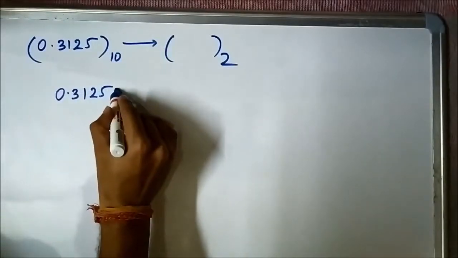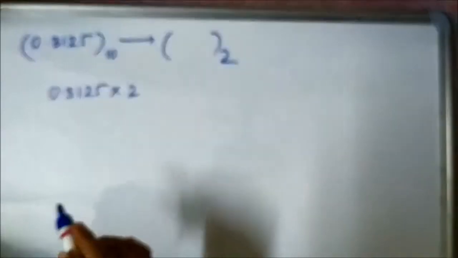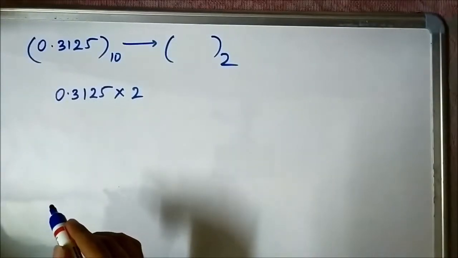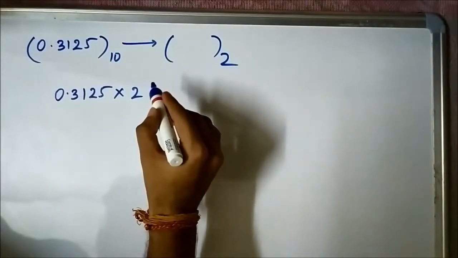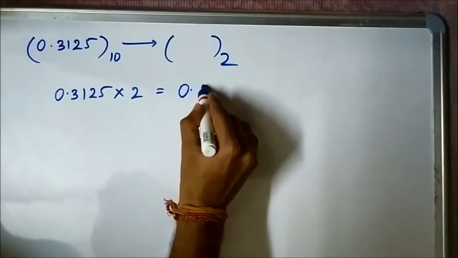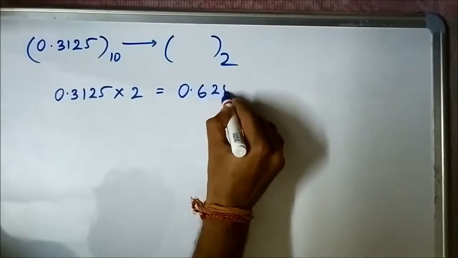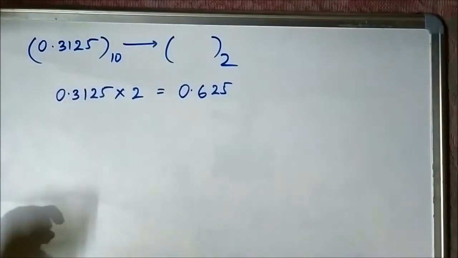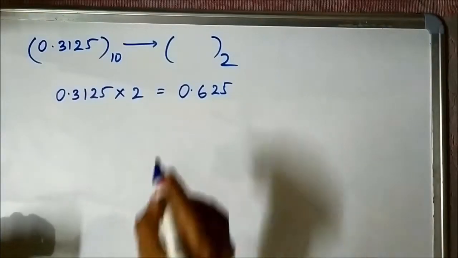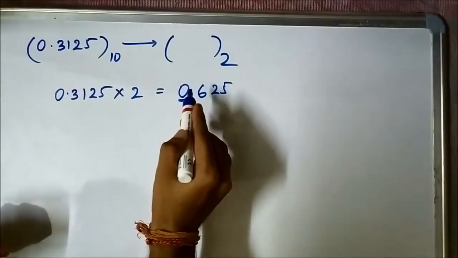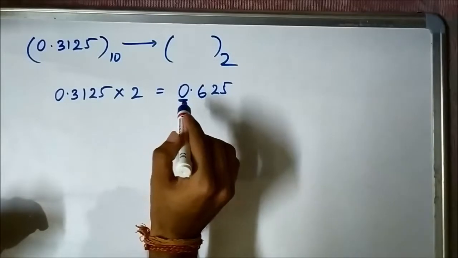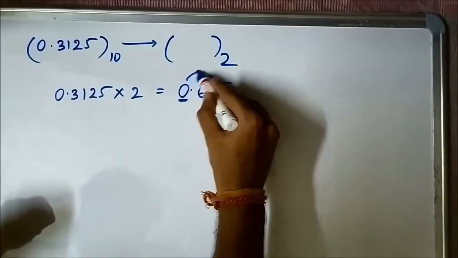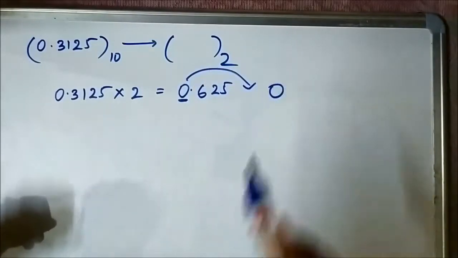0.3125 into 2. Okay, so it will become 0.625. You consider the digit to the left of the decimal point and take it here, it is 0.